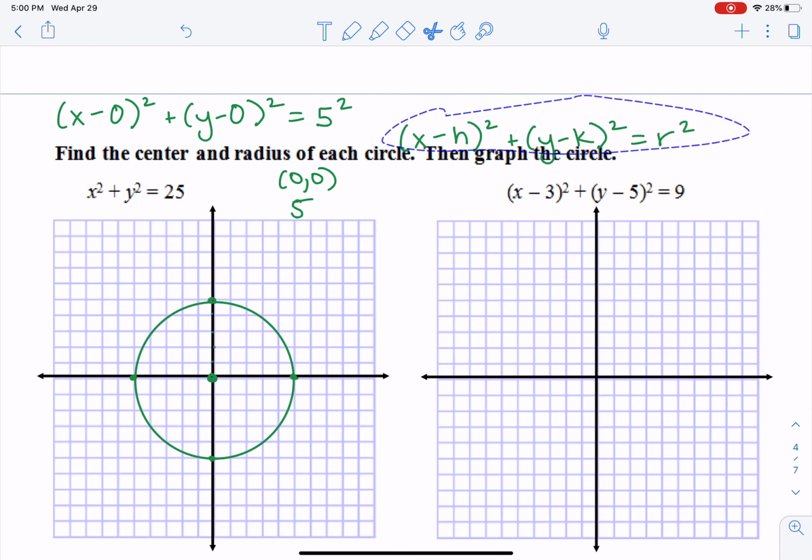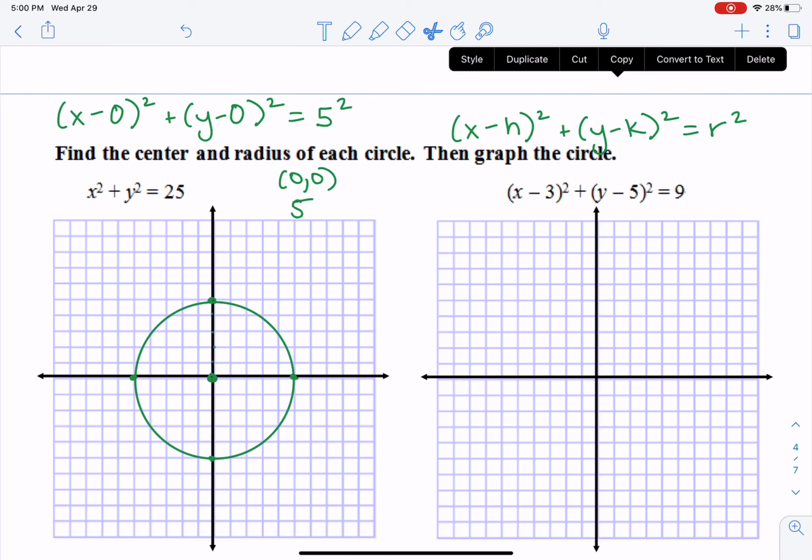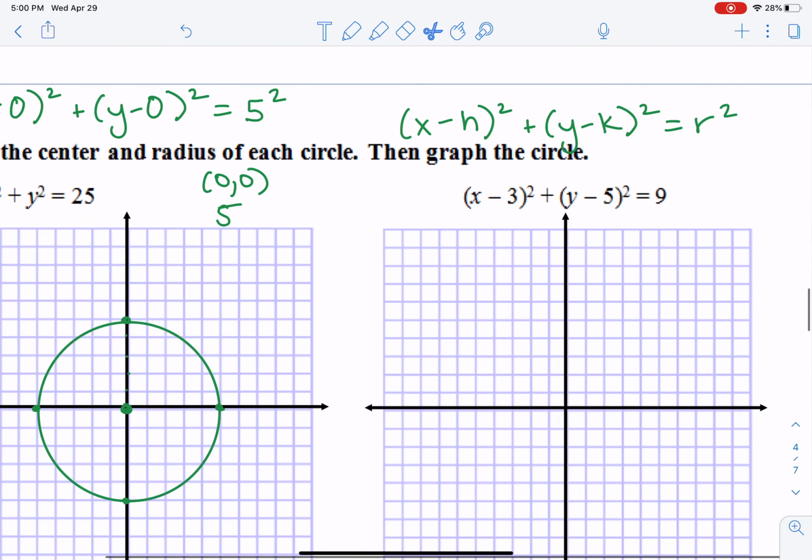Last one. Oh, this is our last problem together. The center would be that h is 3. So the center there is 3, not -3, because it's what goes in for the h. The k is 5. So it's 3, 5, and then the radius would have to be 3 because 3 squared gives you 9.